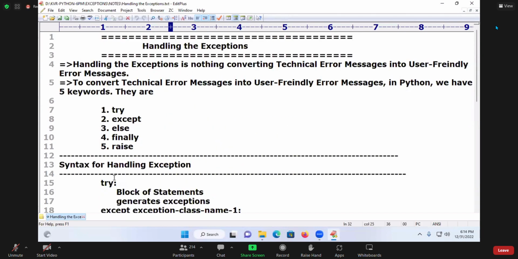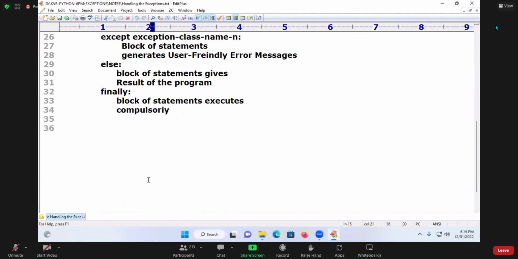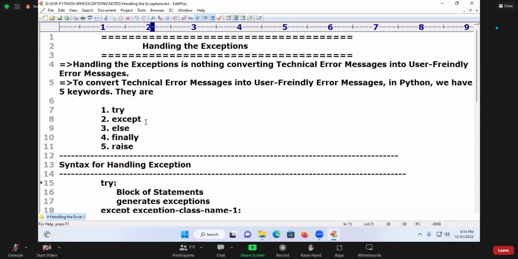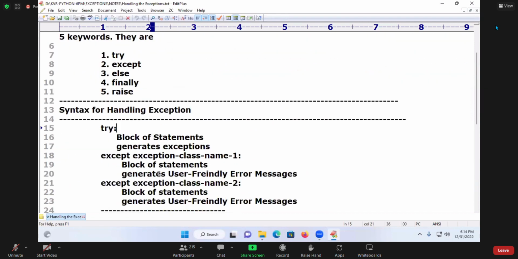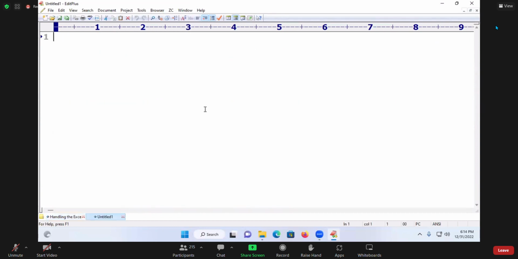Now I am going to introduce an explanation for the keywords used in the syntax of exception handling. So I am going to start with an important discussion here.